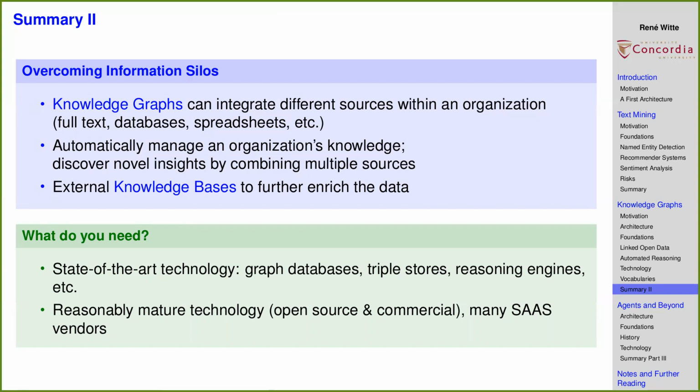This gives you the means to have something like an AI to automatically analyze this information and, for example, derive new insights by combining the knowledge from multiple sources together. And not just combine knowledge internally between the documents and databases inside a company or organization. You can also go outside to these knowledge bases on the web and further enrich the information.